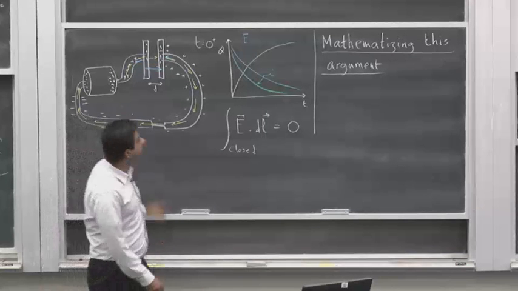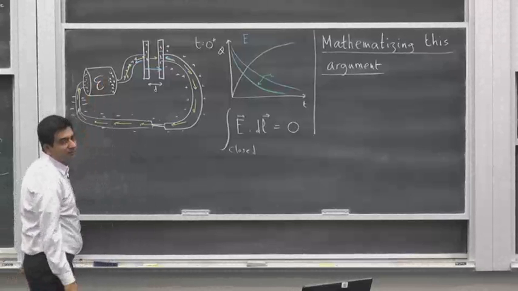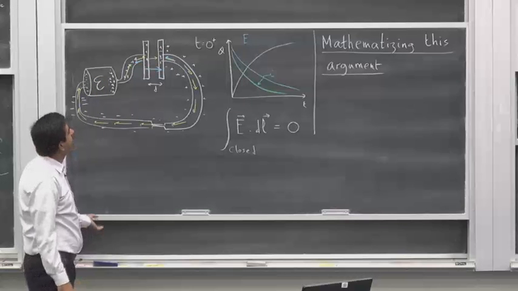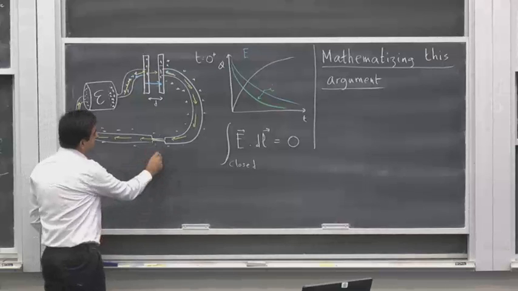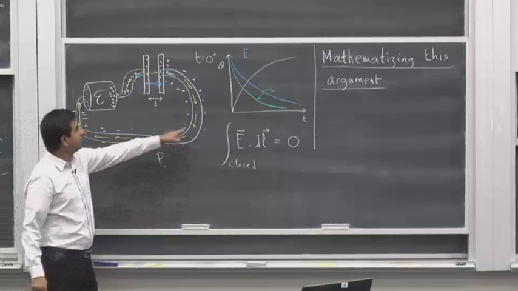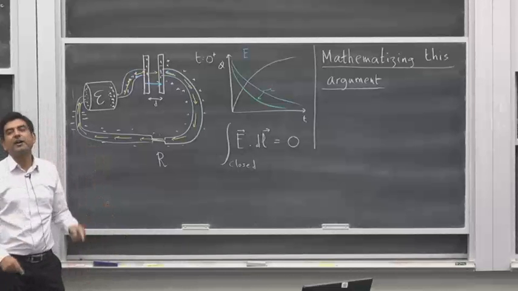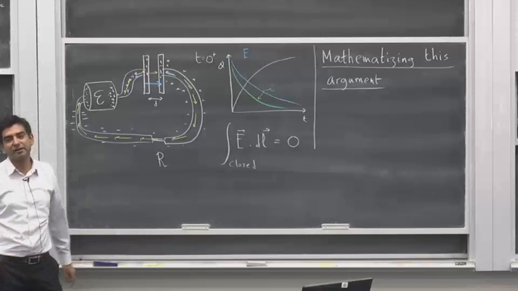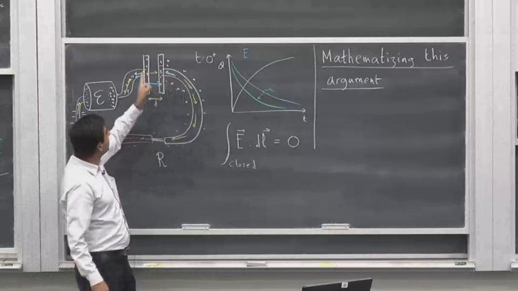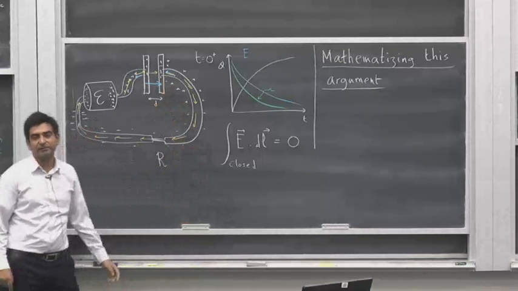So now if the EMF of this battery is E, suppose this is a resistor R, and all of this is a perfect conductor. Not a superconductor, but a perfect conductor. A superconductor is more than a perfect conductor, remember that. So all of this is a perfect conductor, which means that the resistance of these connecting wires is zero.